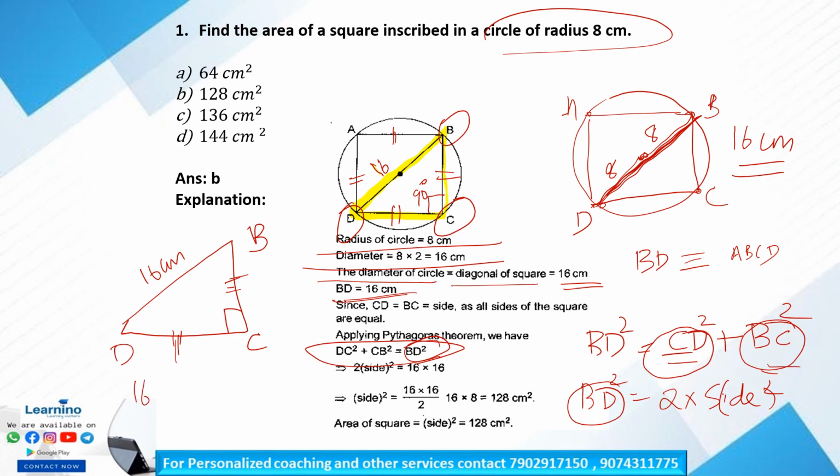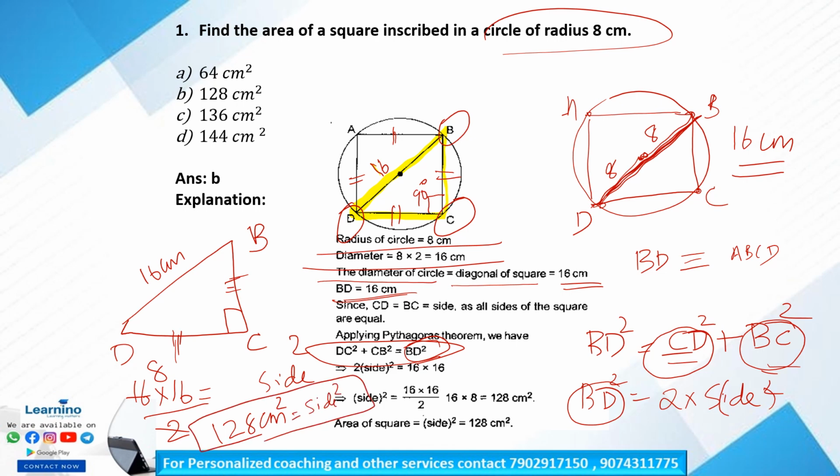So 16 into 16 is equal to 2 into side square. So side square is equal to 16 into 16 divided by 2. So this is 8 into 16, equal to 128 centimeter square, which is equal to side square.